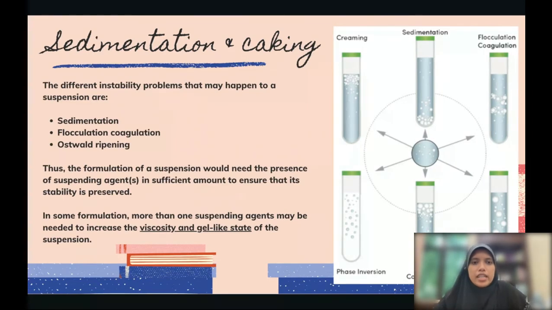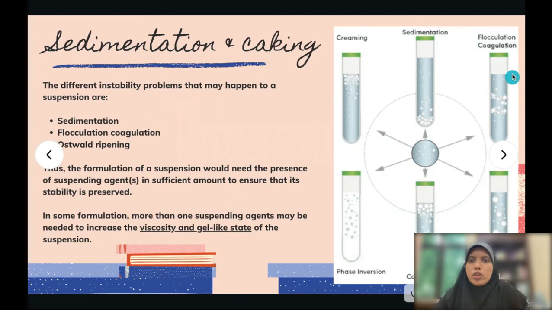Sedimentation and caking are two instability problems that can occur due to the physical characteristics of the particles or of the internal phase in the preparation. Apart from sedimentation, there are two other problems that may occur, which are flocculation, coagulation, and also Ostwald ripening.